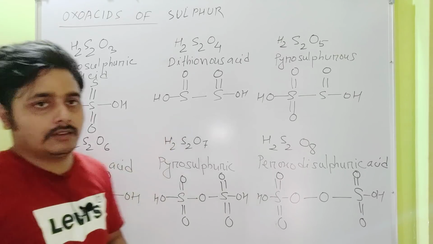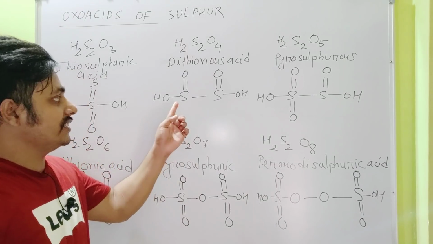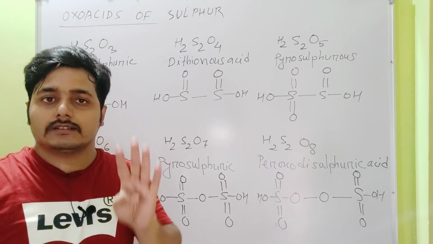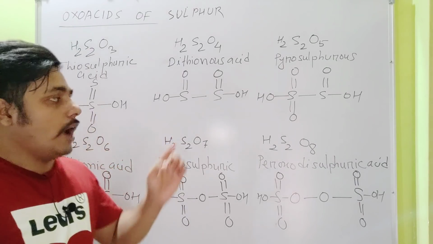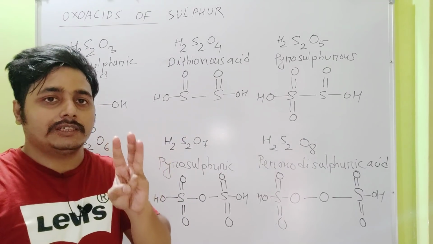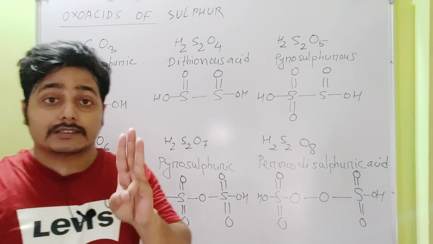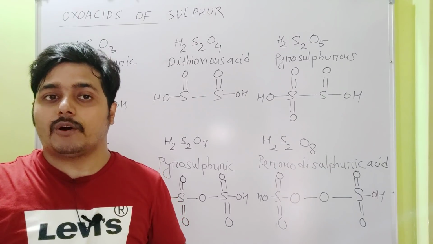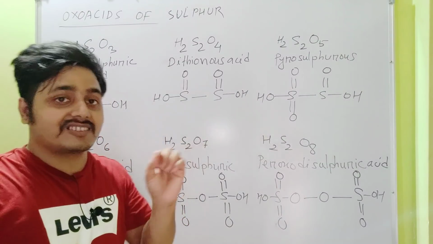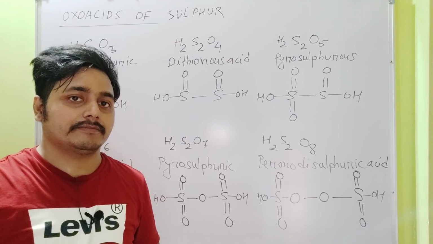So in this case, what you can see? You can see sulfur is forming four bonds. Out of four bonds, three are with more electronegative oxygen and one is with the same electronegative sulfur.